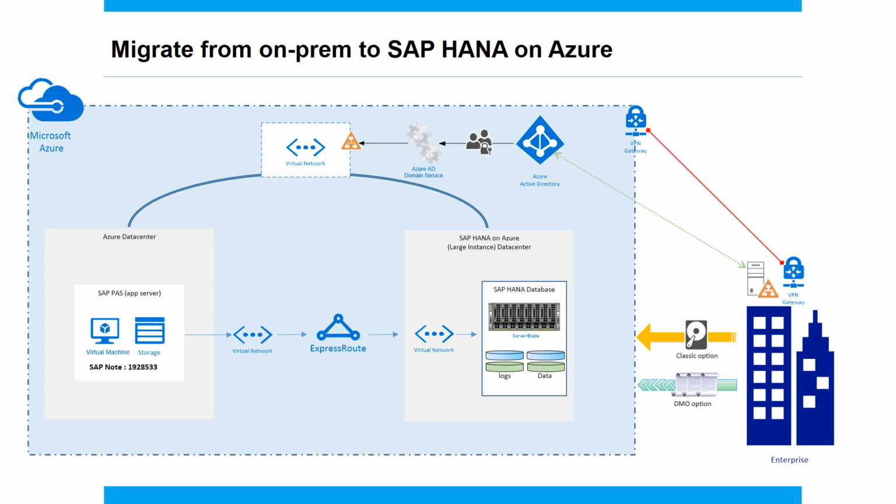One of the first that you can run is the classical migration approach, which consists of running an export and import and building a new environment based on the export provided. You run that export from the source, and then you import it directly in the Azure environment that is already set up and configured, and you run SWPM to create this new environment on HANA based on that import.